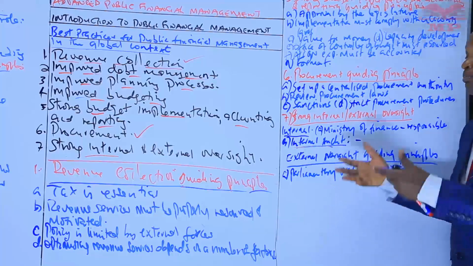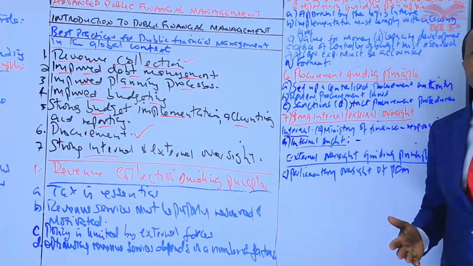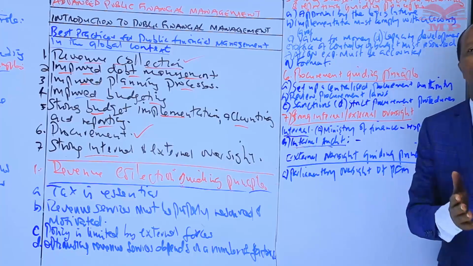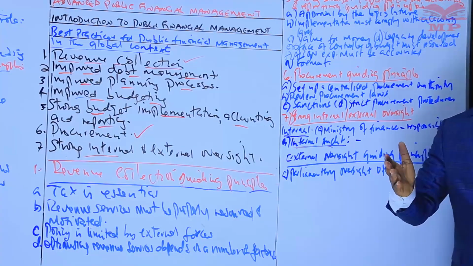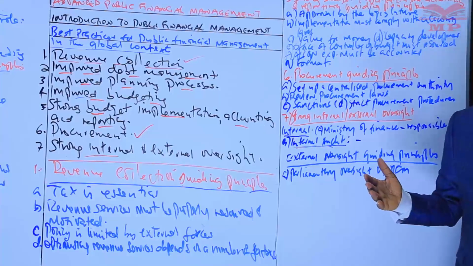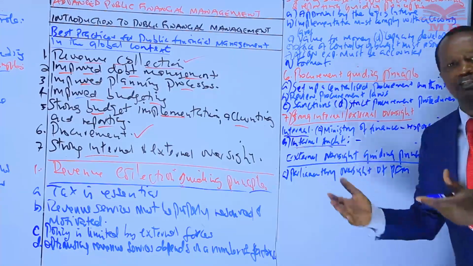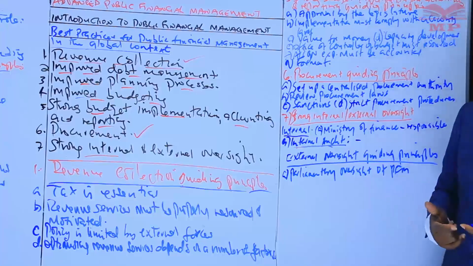So it could be through the parliamentary finance committee. The role of the parliamentary finance committee is to oversee budget formulation and appropriation. Another role is to oversee implementation of policies and outcomes of budget allocations and so on.